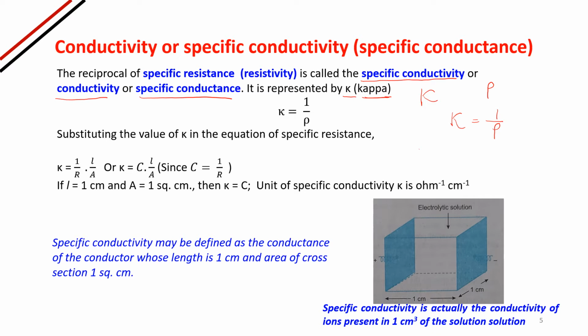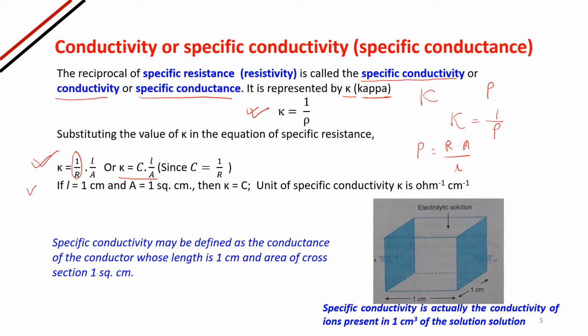Now, we know that rho equals RA by L. Put the value in this formula. Substitute rho with RA by L. So what we are getting? We are getting kappa equals 1 by R into L by A. Okay. 1 by R is known as C. So I can write kappa equals CL by A. Replace 1 by R with C. Okay.